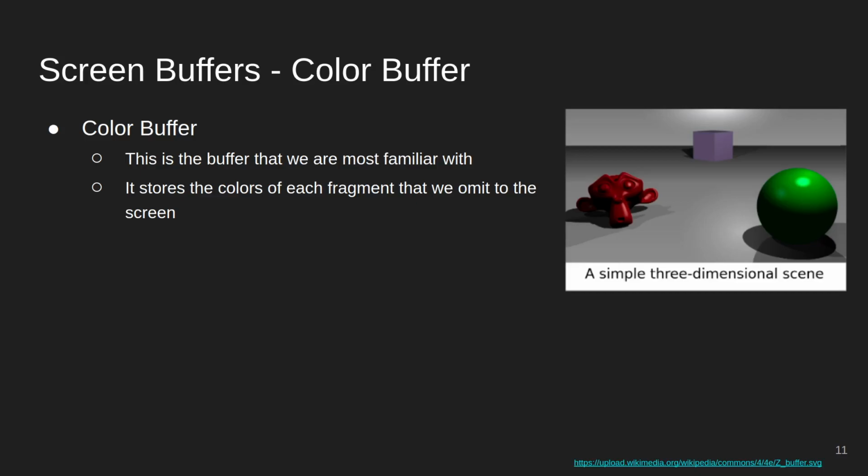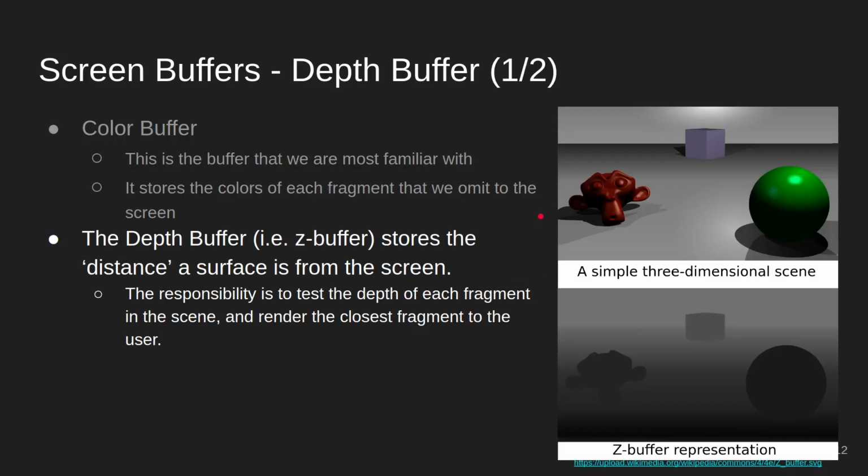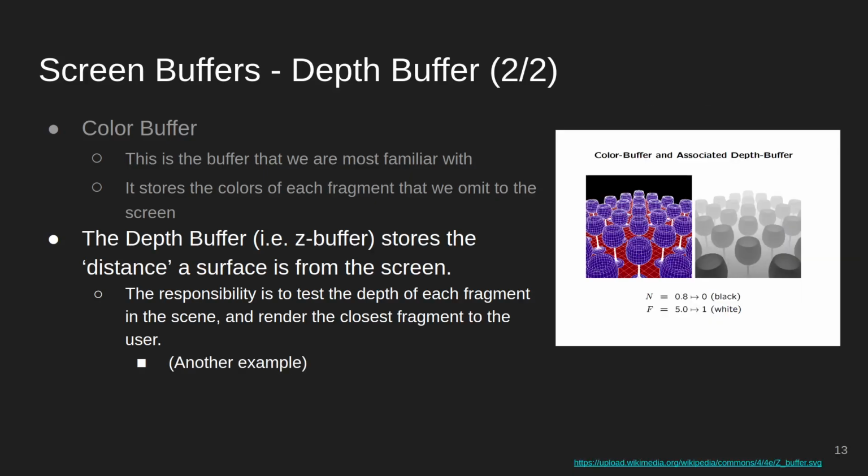But the idea is you're holding your color information here. And then there's the depth buffer, which we've looked at. Here's a rendering of it. The darker pixels indicate that they're closer to us for those particular objects, and the lighter color is farther away in this image. And here's another rendering of it for reference.